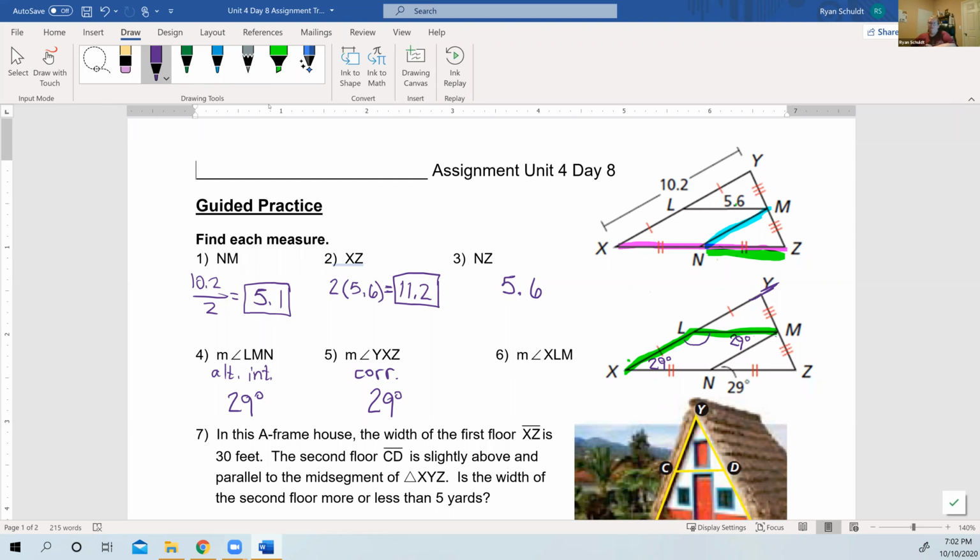If I pick this bottom 29 or that one, either way, these would be same side interior. And what do I do with same side interior? Subtract one from 180. 180 minus 29 is 151 degrees.